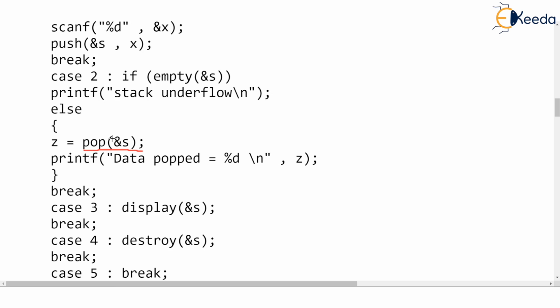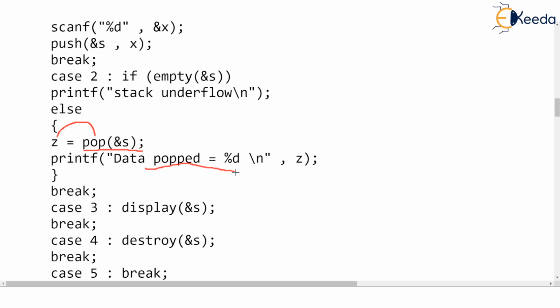Remember, s is a variable of type stack which contains only one pointer called top. And pop is going to remove a value from the stack, and it is going to return the value. The value which has been deleted or removed is going to be returned, and it is going to be stored in an integer variable z, and then we are going to print the value popped is %d z.